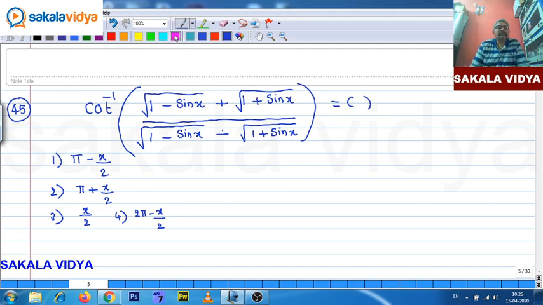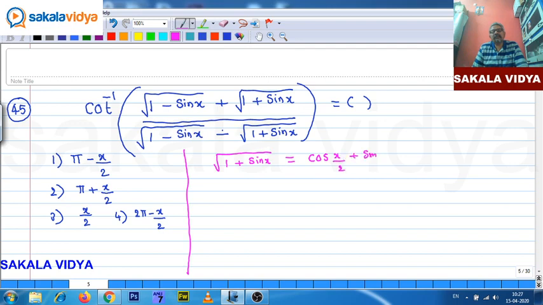So, now let me read the question. Cot inverse of root of 1 minus sin x plus root of 1 plus sin x upon root of 1 minus sin x minus root of 1 plus sin x. First let us simplify these two values. Root of 1 plus sin x equals cos x by 2 plus sin x by 2, whereas root of 1 minus sin x equals cos x by 2 minus sin x by 2.